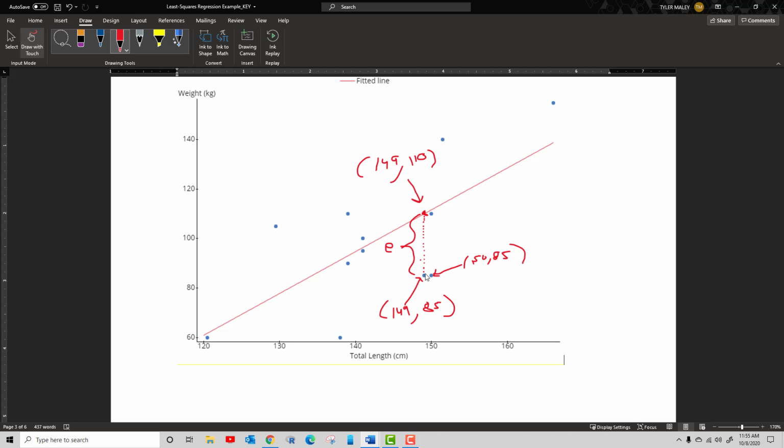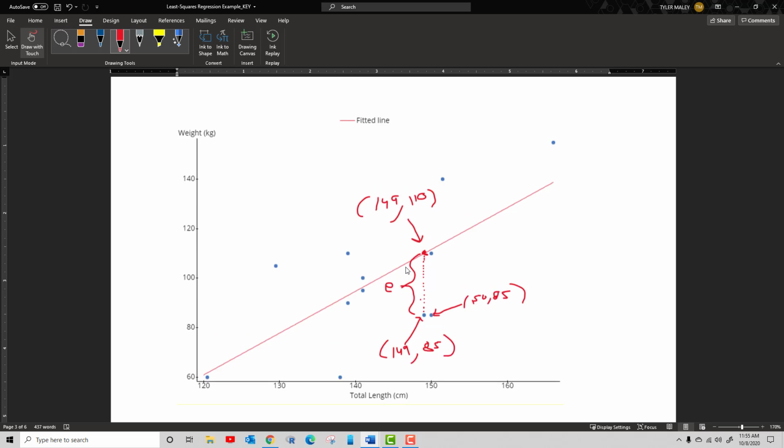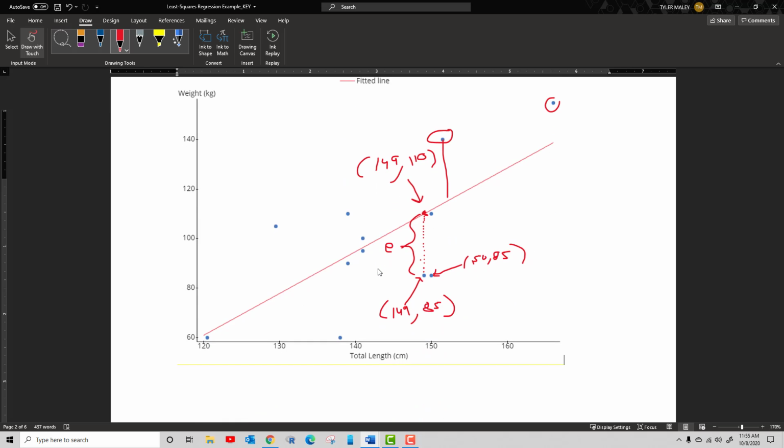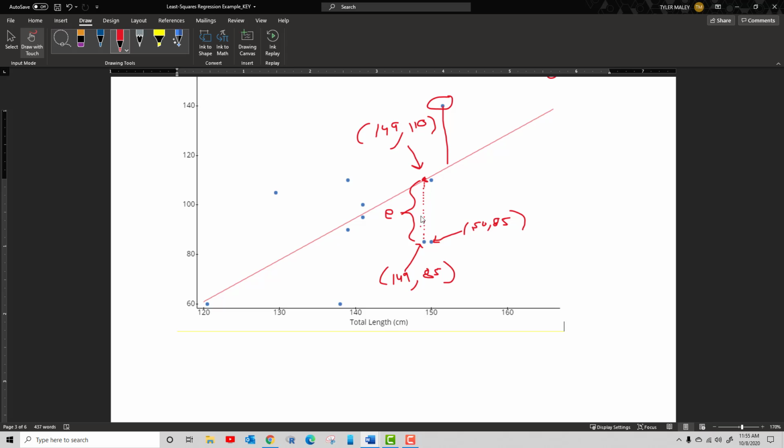Since the data point is below the average, it's negative. Anytime you're below the line, the residual is negative. So this dot here would have a positive residual because it's above the line. Same with this data point. That's something to keep in mind. For that residual value, we found the difference between 110 and 85.